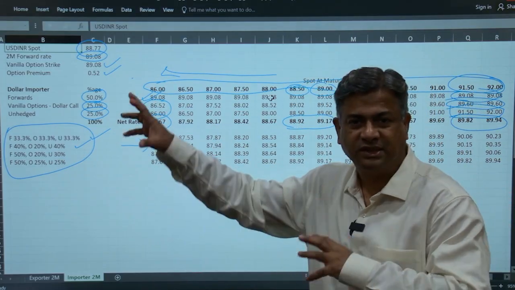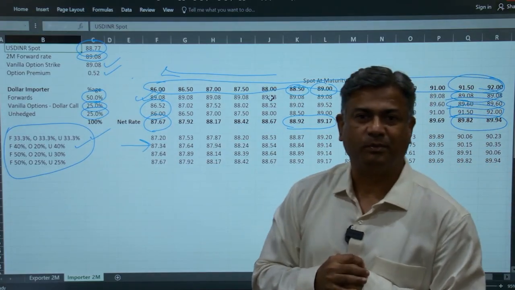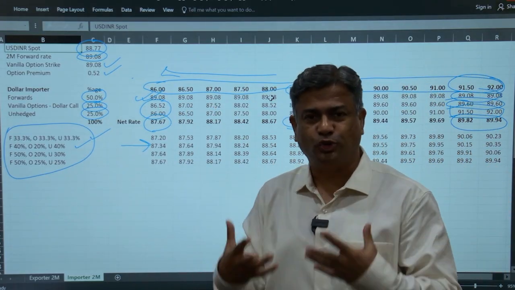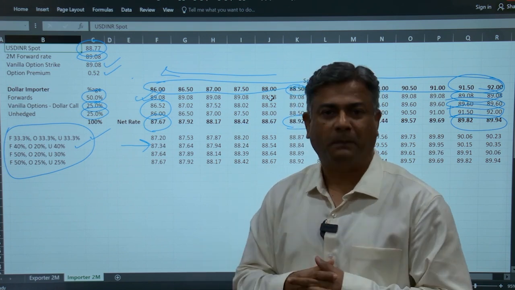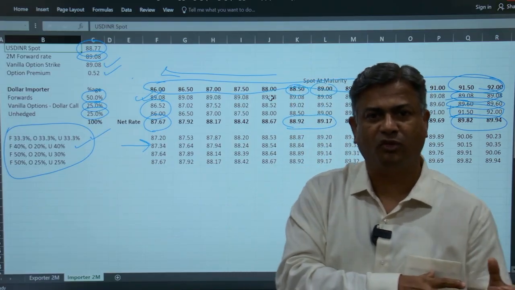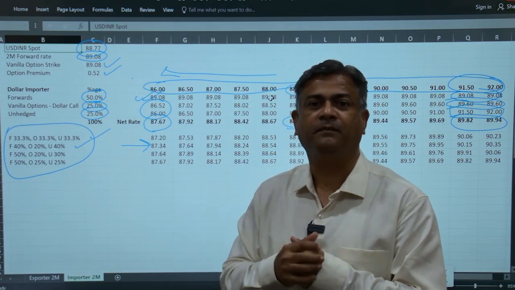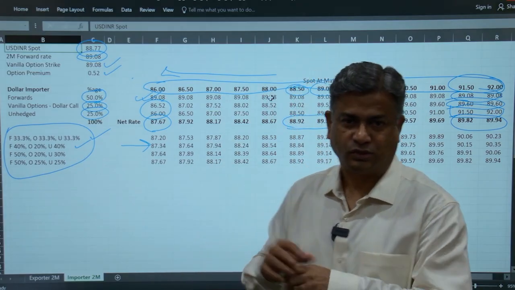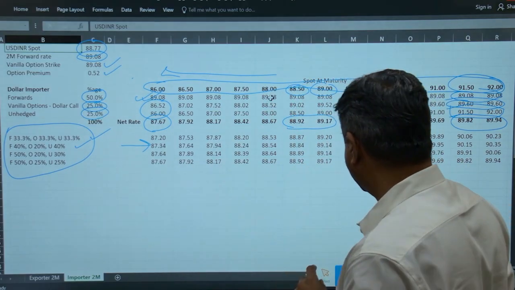So, you can do this juggling of various combinations, but the basic bottom line is to use a combination of multiple instruments so that we are able to participate in favorable movements and at the same time mitigate risk if the market goes against us. So this is for a typical importer.